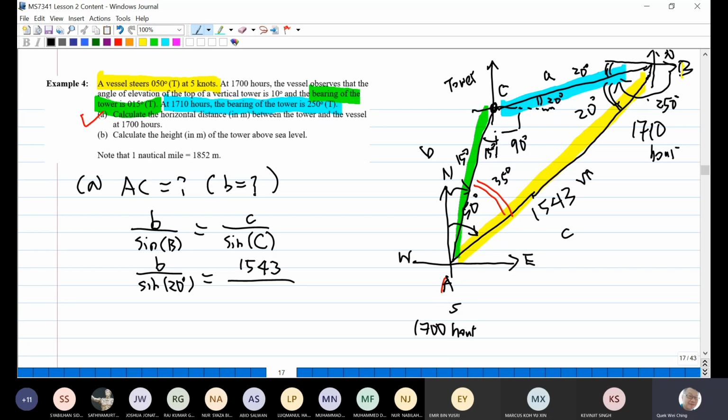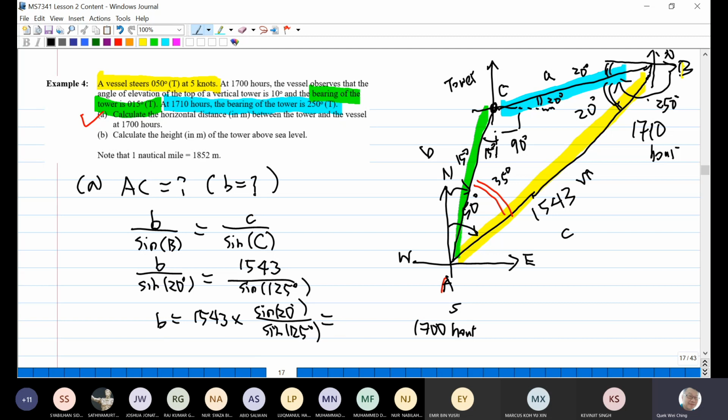Angle C we found is 125, right? Okay, double check: 15 plus 90 plus 20 is 125, right? Yeah, correct. So then you'll find that B is equal to 1543 times sine 20 over sine 125.